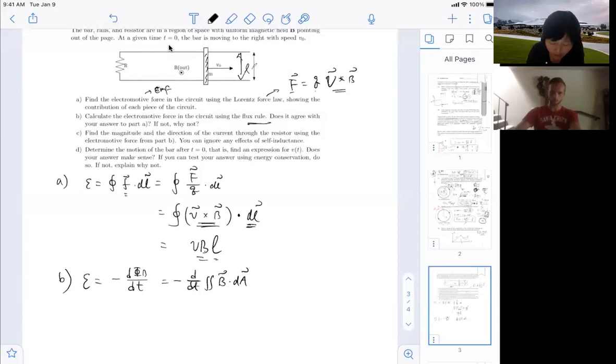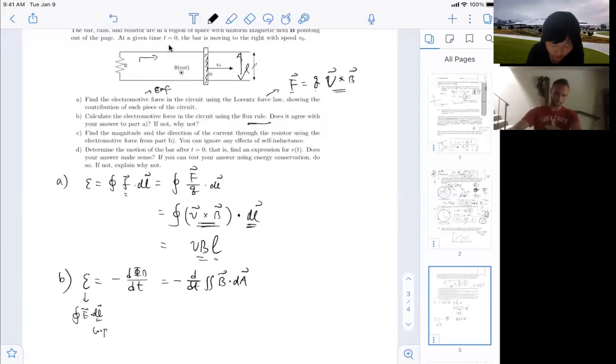Now here is another opportunity to practice the idea of choosing the loop dl and choosing our area. This is an EMF, and an EMF will be able to drive a current, so you can look at the EMF as driving the current around a loop.